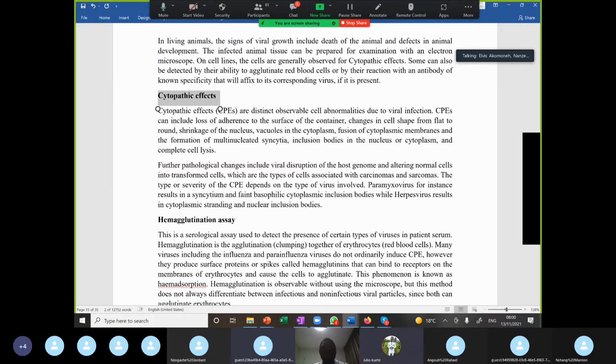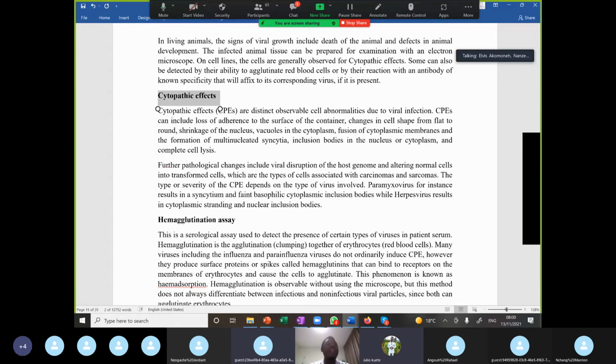There are other situations where we are unable to detect these viruses using all these techniques I've just mentioned. We are unable to identify them on bacterial colony because they are not bacteriophages. We are unable to identify them on embryo because they don't infect egg embryo.